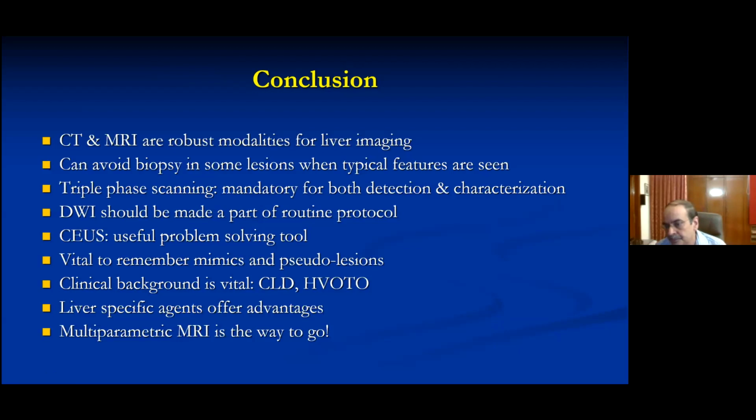Dr. Gurunath from Hyderabad wants to know what is the role of superparamagnetic iron oxide for HCC imaging, and is this contrast medium available in India? Are Indian radiologists using it? So superparamagnetic iron oxide agents are not available in India. In fact, the enthusiasm for using them has gone down even in the West.